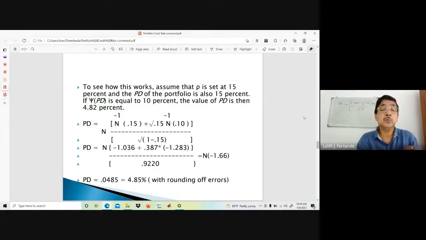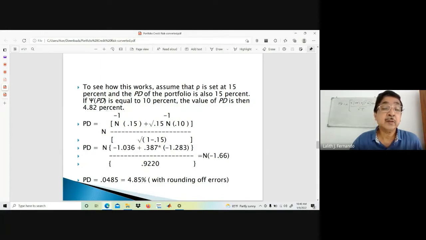As per the assumptions, the particular portfolio we have taken into consideration has a general correlation everywhere. Every loan, the correlation is similar. It is 15%. And the EDR, expected default frequency of the portfolio, is also 15%.